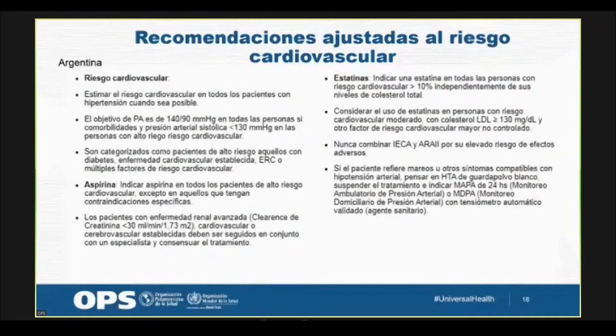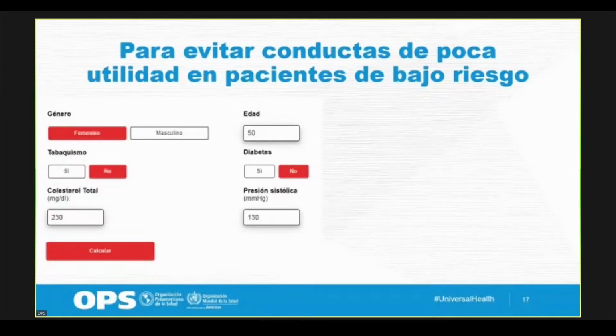The second thing it includes is behavior adjusted to cardiovascular risk. In this case, a statin, and for people with a higher risk than 10%, we think that this particular case had 31% of risk.